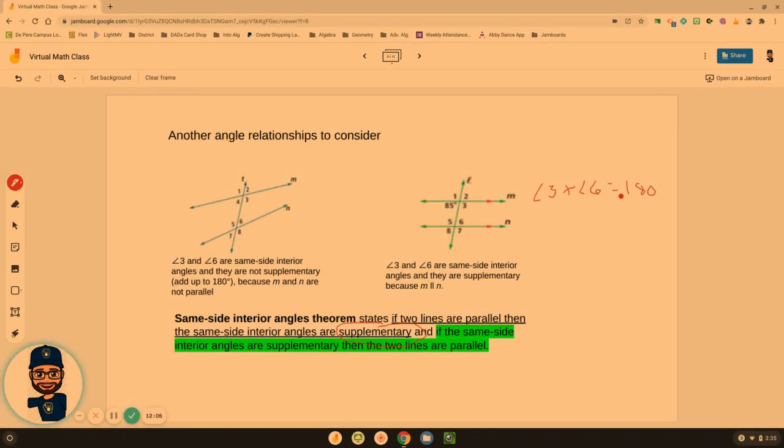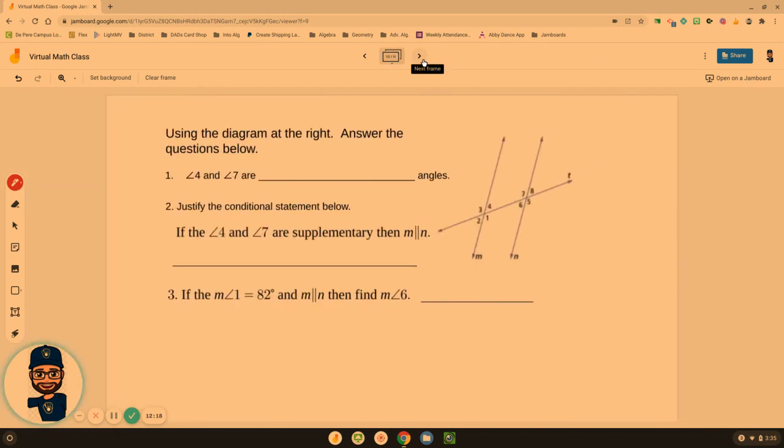So that's what the same side interior angles theorem is telling us, right? If those two angles interior on the same side total 180, then the lines are parallel, and vice versa. So let's look at this example. Another diagram. 4 and 7, right? What do we call 4 and 7? Hopefully you just realized that that's going to be the same side interior.